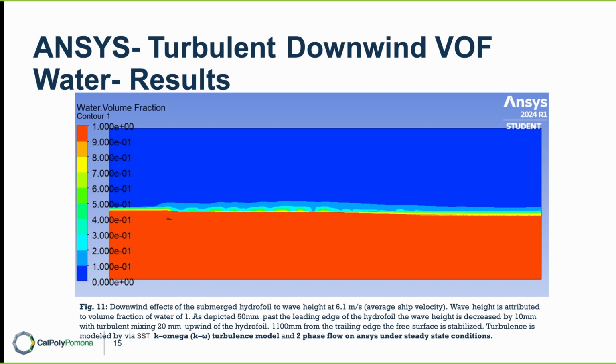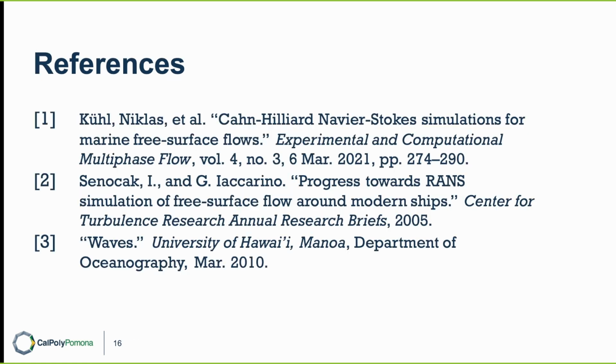From the graphic we see, and from measurements taken, we see that the wave height is a volume fraction of 1 as depicted. 50 millimeters past the leading edge of the hydrofoil, the wave height is decreased by 10 millimeters, with turbulent mixing 20 millimeters upwind of the hydrofoil. At 1,100 millimeters from the trailing edge, the free surface is stabilized, and we see generally small amounts of turbulent mixing throughout. Thank you. That's our progress.